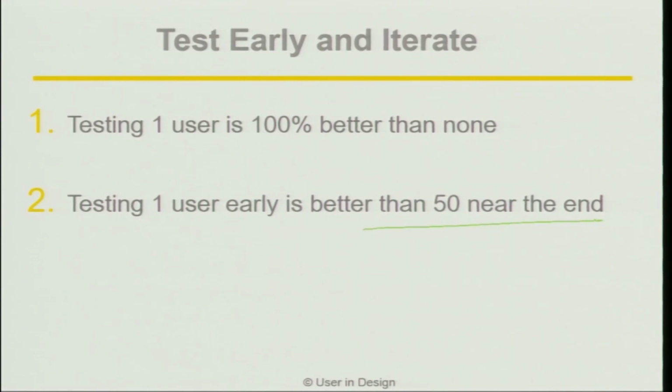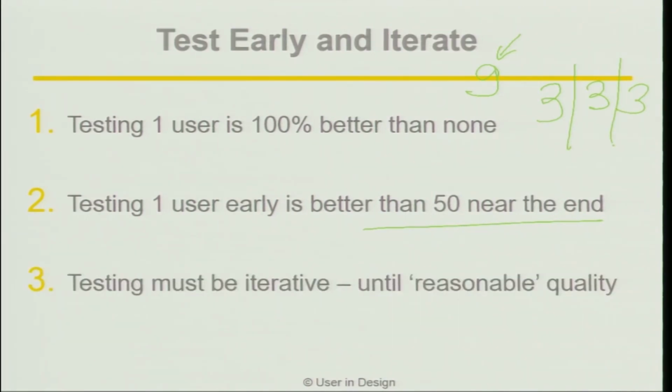So as I was telling you, if you have time and budget to do 9 users, do it not as one test but in 3 tests. Okay, and keep refining your design as you go. Testing must be iterative until reasonable quality. What is reasonable quality?